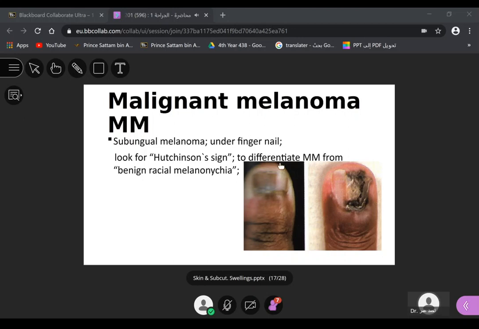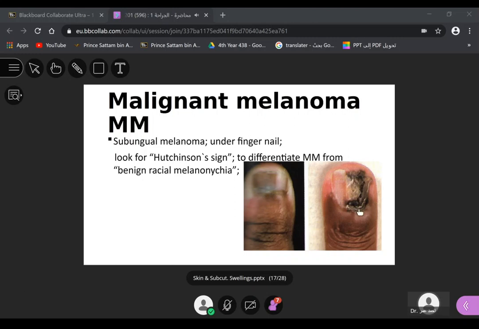So what is Hutchinson's sign? Hutchinson's sign is invasion, infiltration, and swelling of the nail fold by the tumor, like this. This does not happen with any other factor which can give rise to a black swelling in the nail. If the patient has, for example, a hematoma due to trauma, or has benign racial melanonychia, the nail fold you see here will be normal.